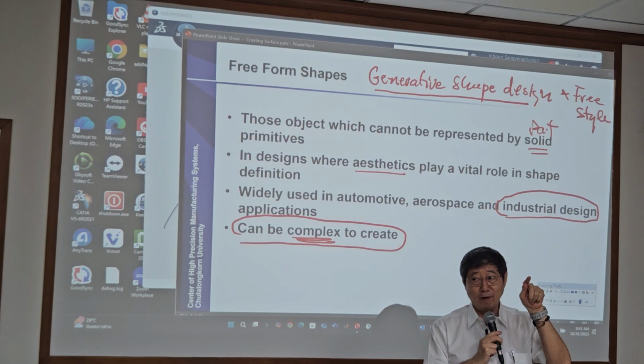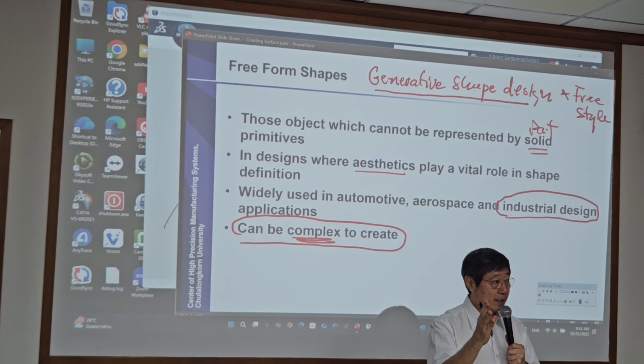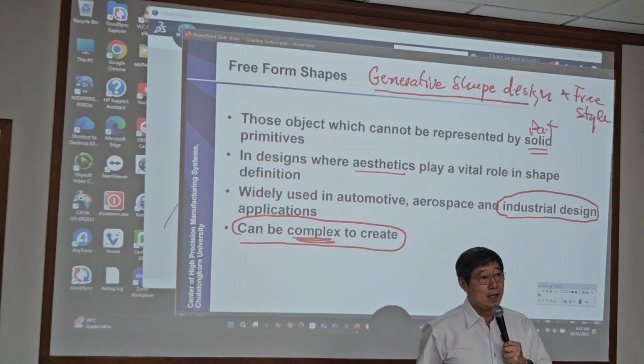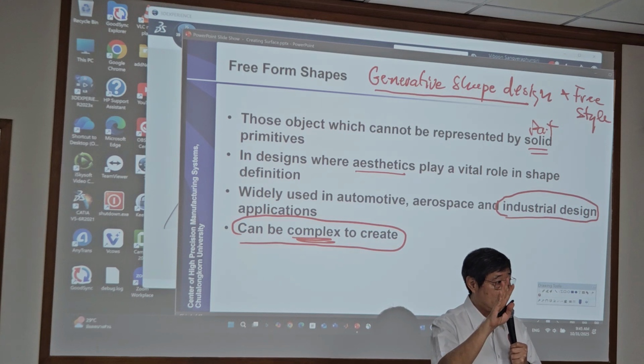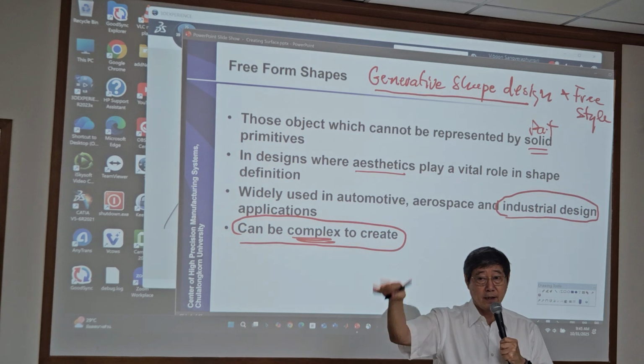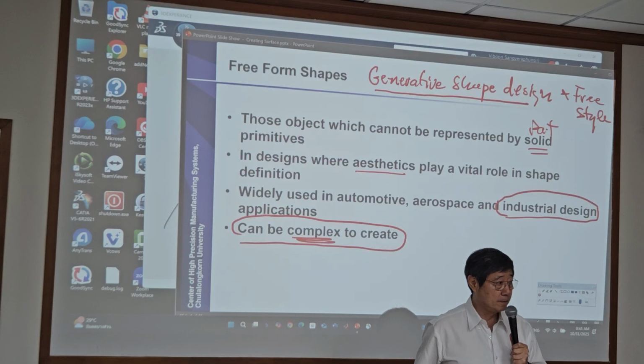Solid modeling is very easy. Normally when we train, let's say for typical solid modeling, you can learn within 1 week, 5 days, whole days. If you learn 5 days, whole day, you can be expert in solid modeling.